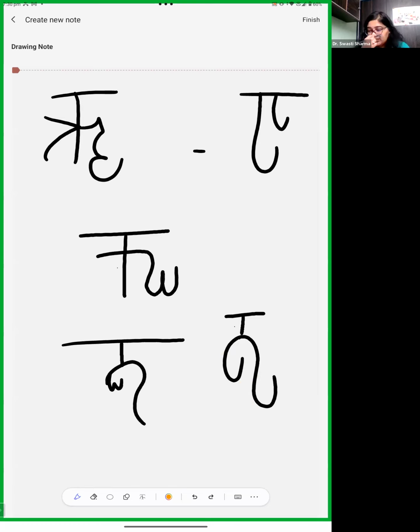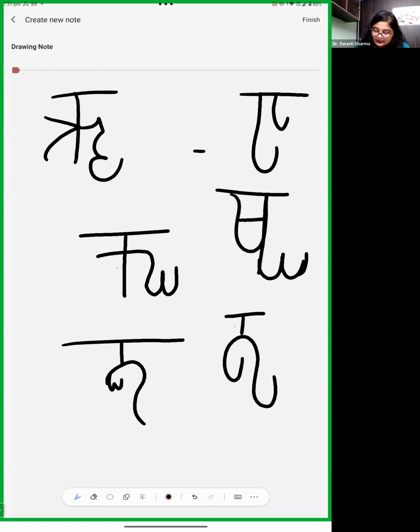And now each letter we are just making like this. Suppose we are making Tri. So this is the letter Tha and this is Hrasva Tri and this is Dirgha Tri. You have to just add this Ri with the letters.